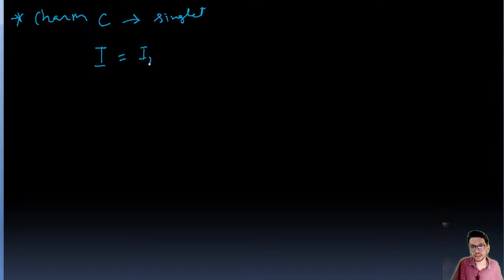Now for charm C, this is a singlet, guys. So I3 is 0 because 2I plus 1 equals 1, the 1s get cancelled, and the I value is going to be 0.